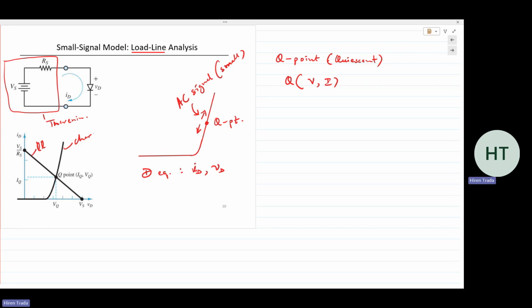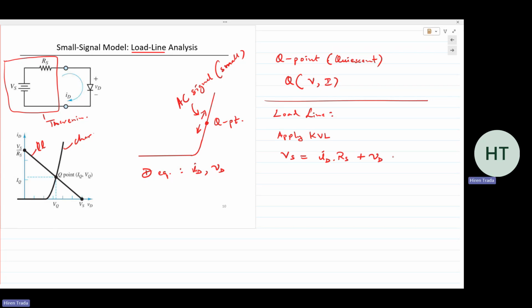The way we find the load line is to apply KVL around the circuit and generate an equation. We can write Vs is equal to ID times Rs plus VD.